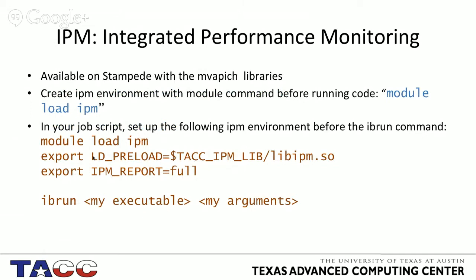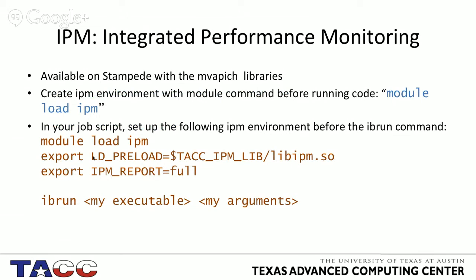You need to export IPM_REPORT to tell it what kind of report you want, and that can be terse, full, or what's the third one? Or none. Well, none doesn't seem very useful, but I guess if you have a system where they do an LD_PRELOAD of libipm.so, that might be a way for you to avoid collecting any information.